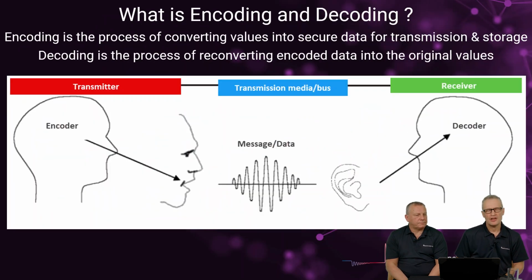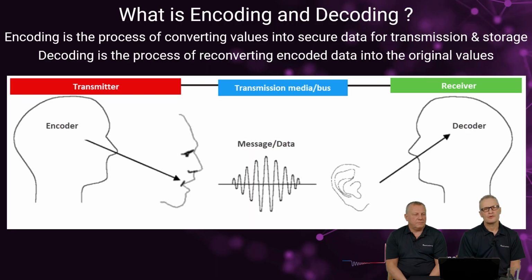Okay, so what is encoding and decoding? Encoding is the process of converting values into secure data for transmission and storage. And decoding is the process of reconverting encoded data into the original values. I like this model here because this is what we do day in, day out: encoding and decoding. If I use the example where I have a written word, I encode the letters in those words into sound.